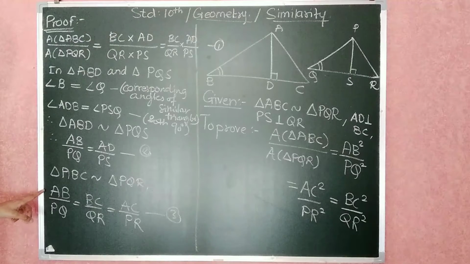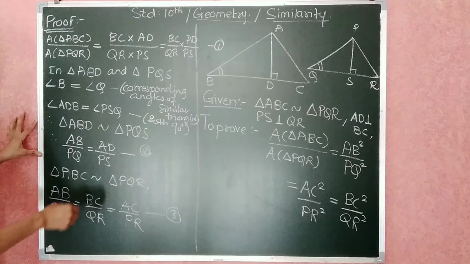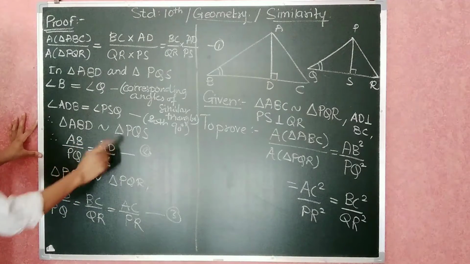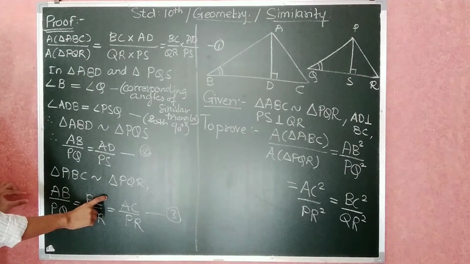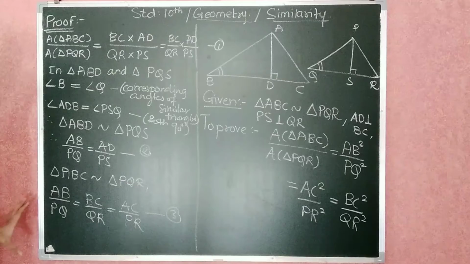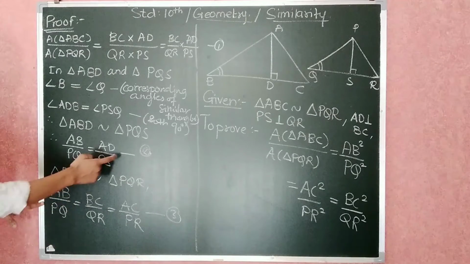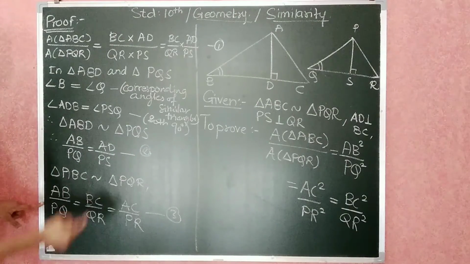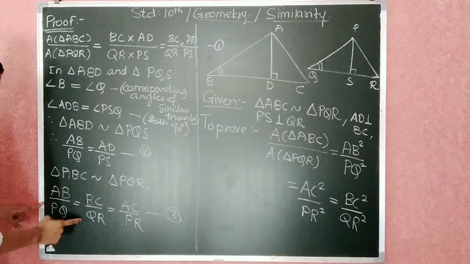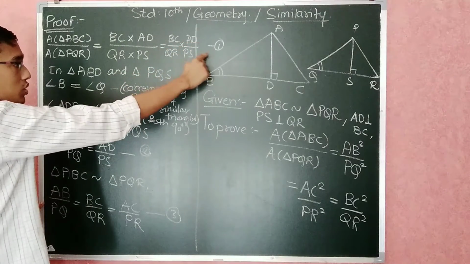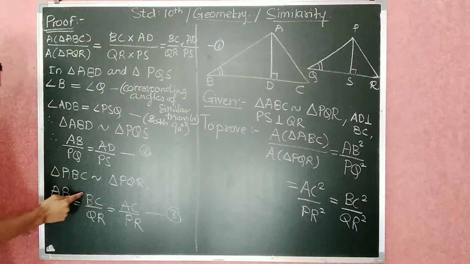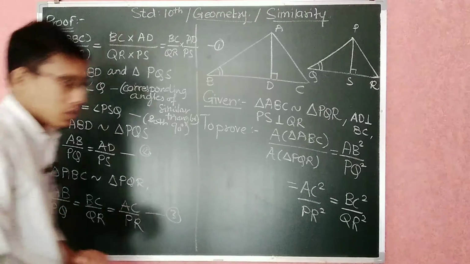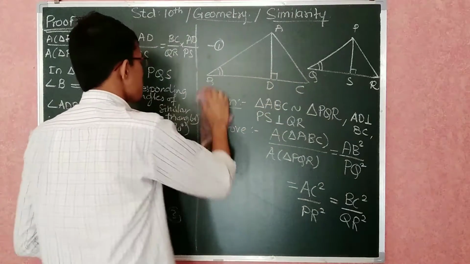Again here AB upon PQ is equals to BC upon QR. So as AB upon PQ is equals to AD upon PS, that means that BC upon QR is also equal to AD upon PS. Here look: AB upon PQ, AD upon PS, BC upon QR. The left hand side is equal, so the right hand side should also be equal. That means AD upon PS is equals to BC upon QR. So in equation 1, in place of AD upon PS, I can write BC upon QR. I can write that. Okay, so I will write it down.